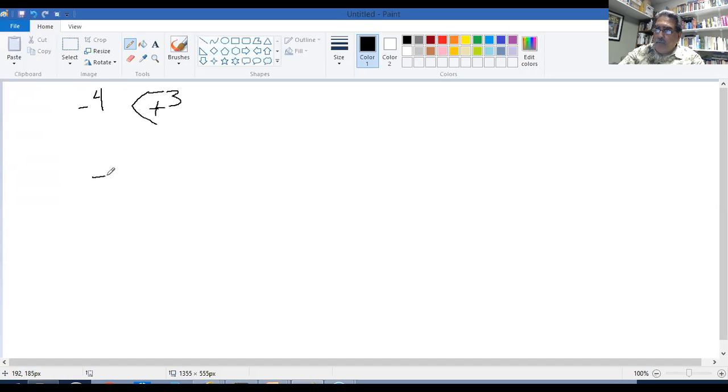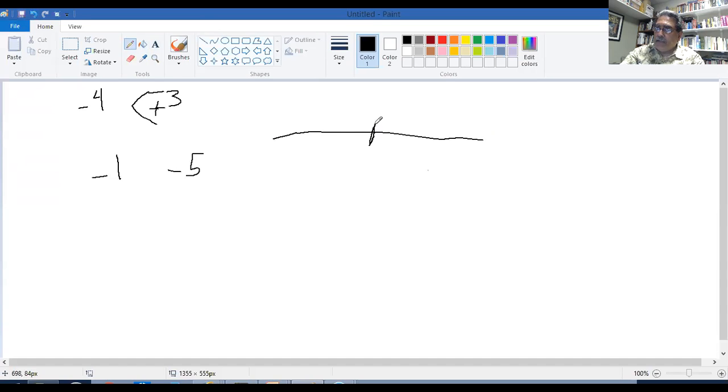If we have -1 and -5, if you have the number line, for example, here, it's difficult to draw on this pad.